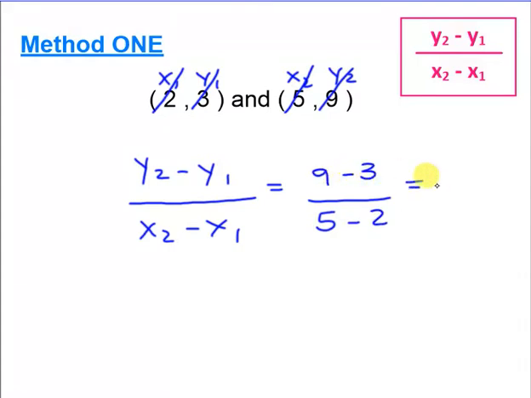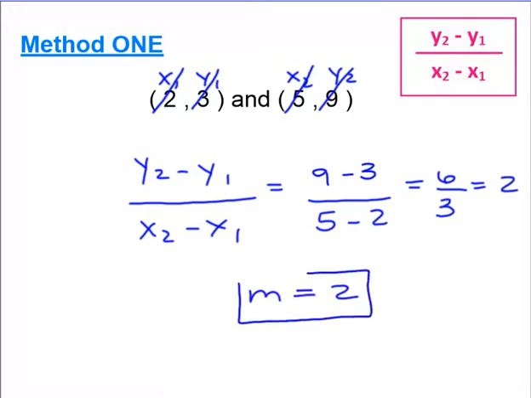So 9 minus 3 is 6, 5 minus 2 is 3. Positive divided by positive is a positive, and 6 divided by 3 is 2. So our m equals 2, which means our slope of our line is positive 2. And if it's positive, remember that it's going to go like this. Okay?